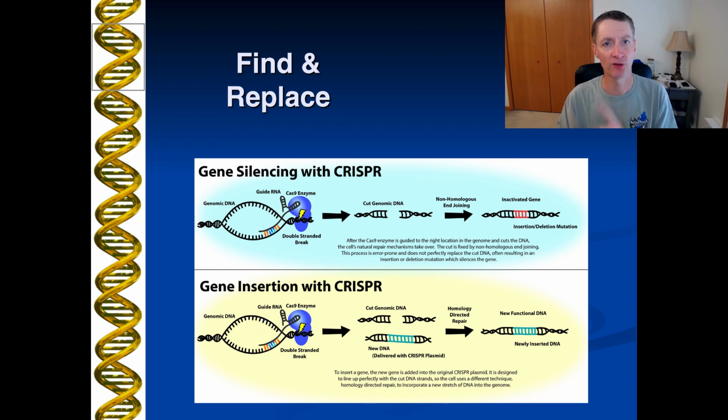It's caused by a single nucleotide change. What if I could find all of those particular sequences where we had a mutated gene and replace it with one that is normal? This is the power that CRISPR might be able to give us. And its power is a little bit unnerving, actually.